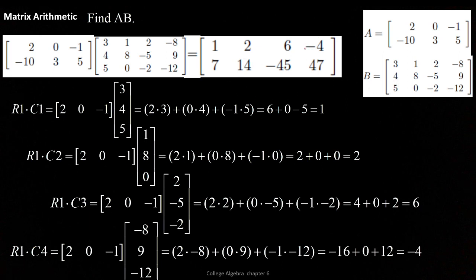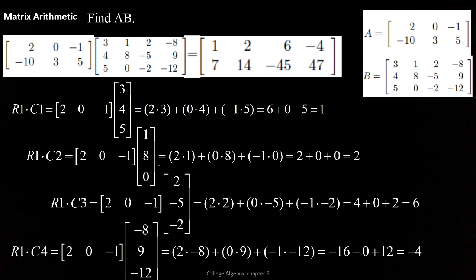And the next one is D13, the entry in the first row and third column. So we take the first row of the first matrix and the third column of the second matrix and multiply them. Again, this by that, this by that, this by that, and add them.